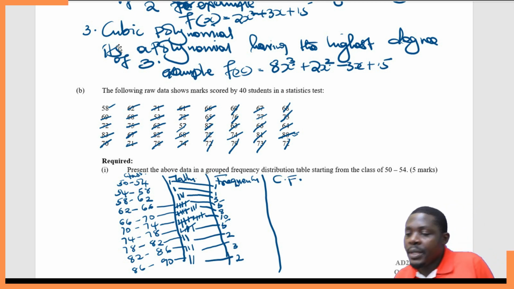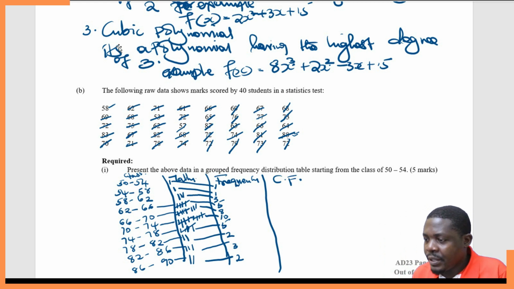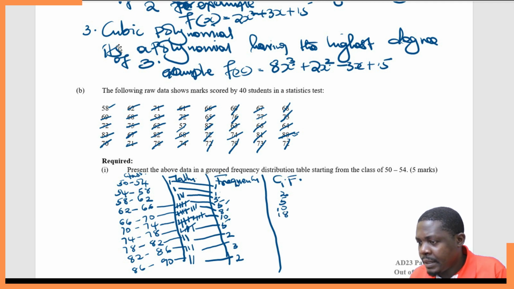Now we can determine the cumulative frequency. We have 2 plus 1 plus 1, we have 2. Plus this one we have 5. 5 plus 5, get 10. Plus 8, have 18.